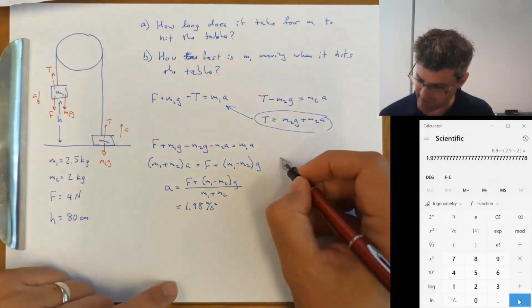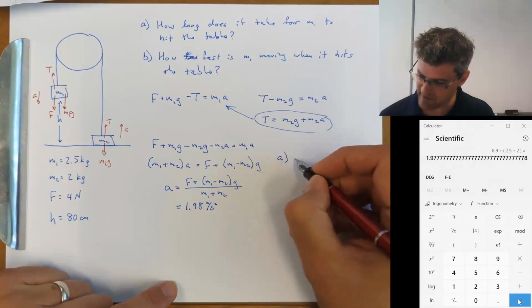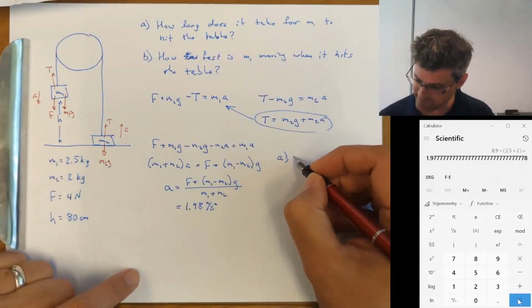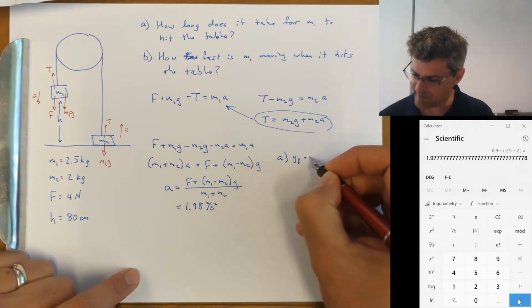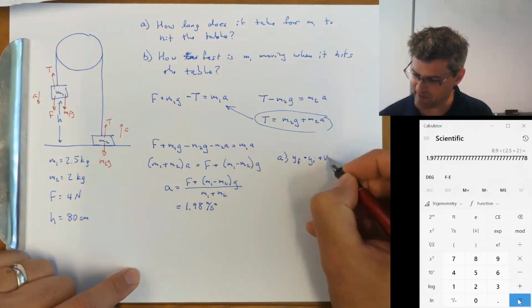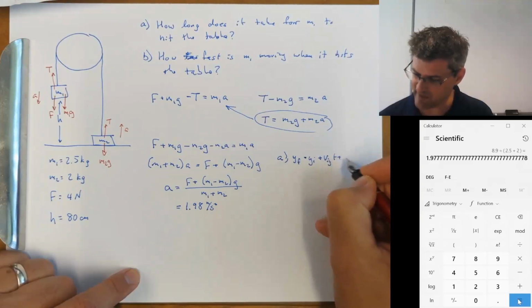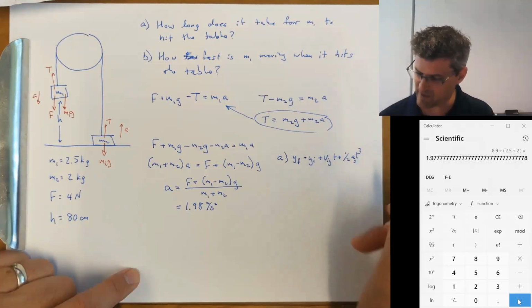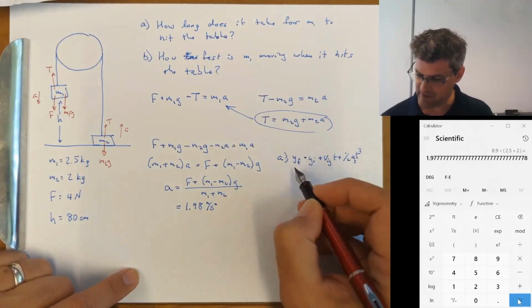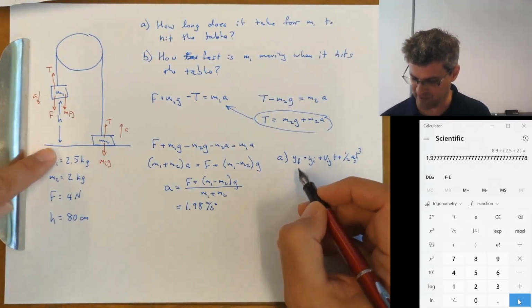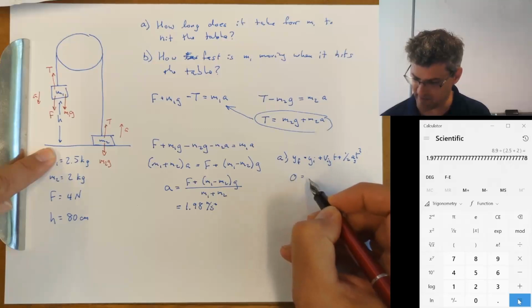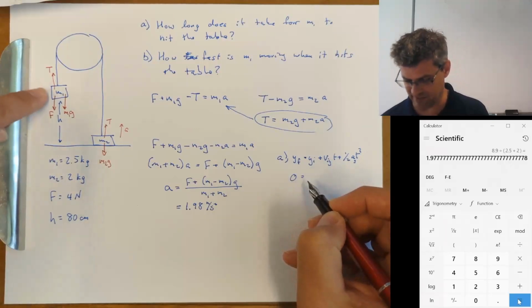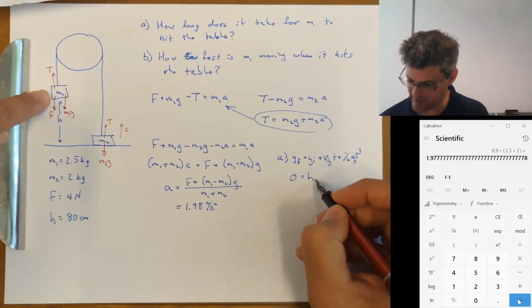So what's kinematic equation number 3? Let's look at mass 1. y final equals y initial plus v initial in the y times t plus 1/2 a in the y t squared. So my final position in the y is 0. My initial position in the y is h.